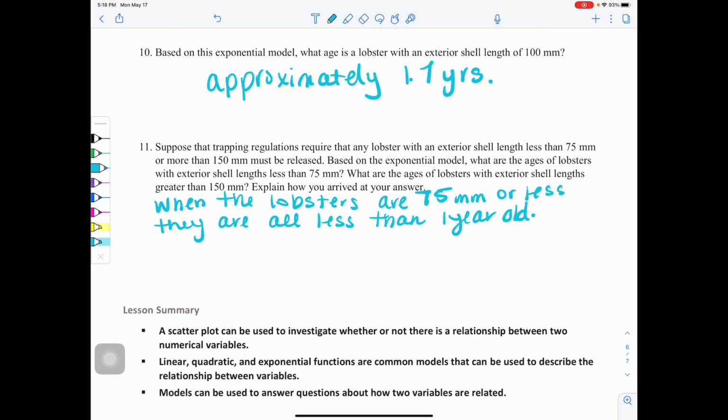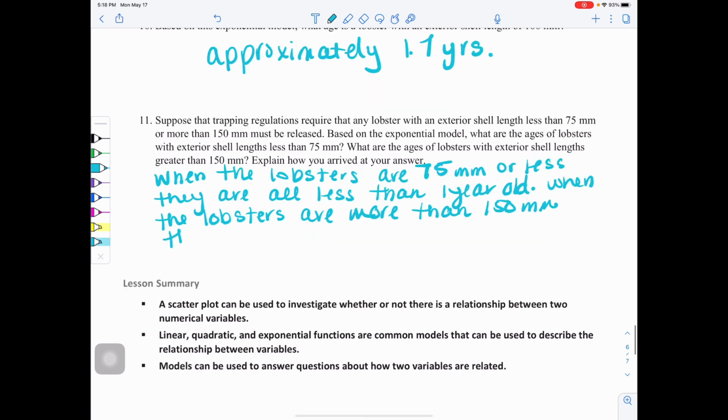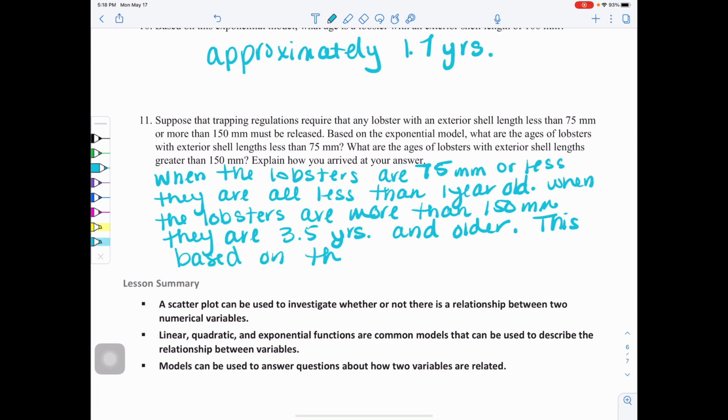So we'll say when the lobsters are more than 150 millimeters, they are 3.5 years and older. This is based on the exponential model.